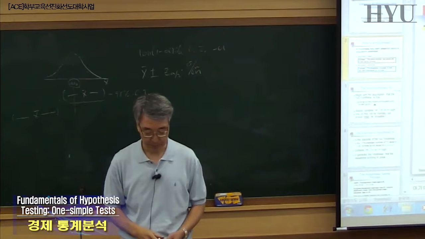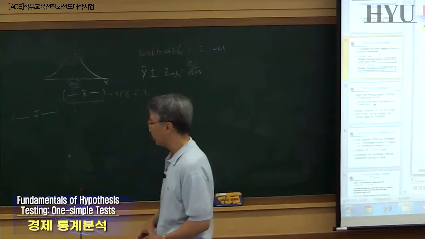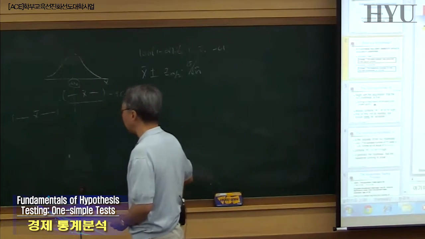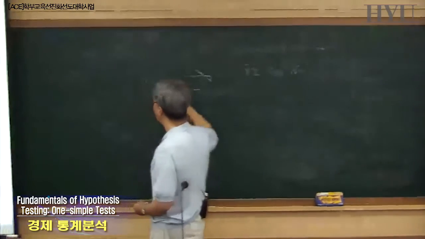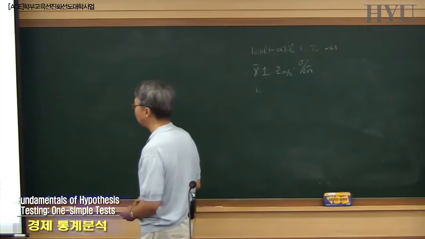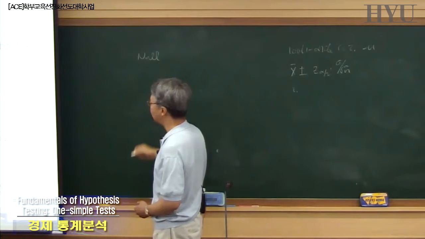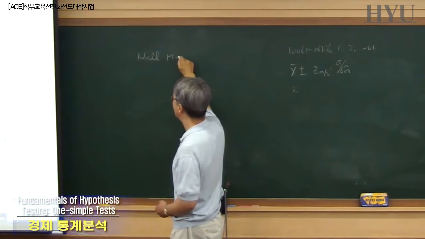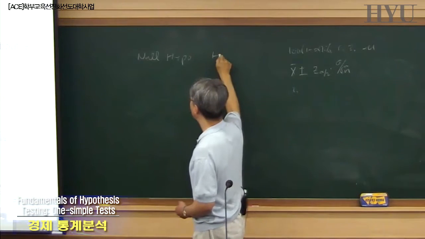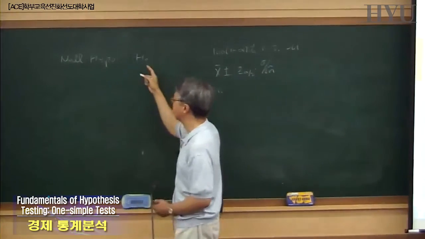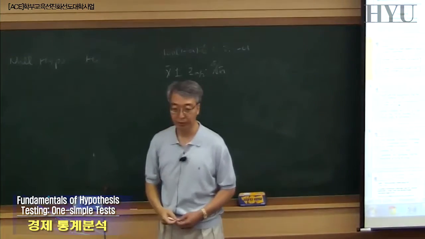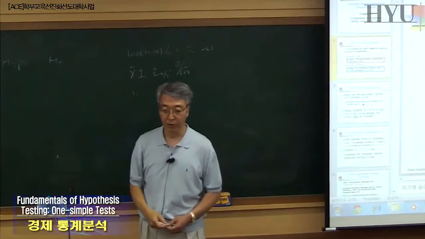What is a hypothesis? We're going to talk about two different hypotheses in this chapter. The first one is called the null hypothesis. We use H naught, you can say H0, or typically we just call it H naught.